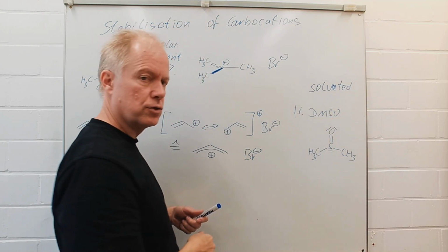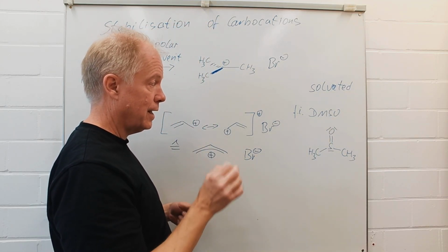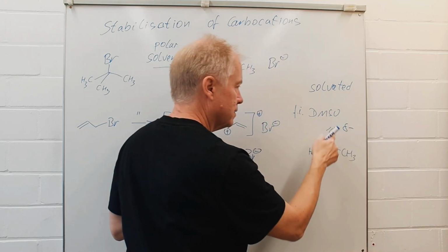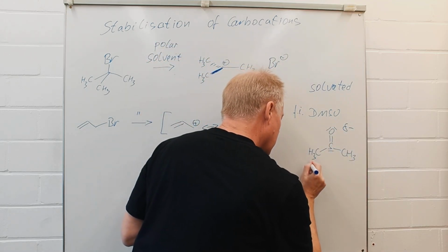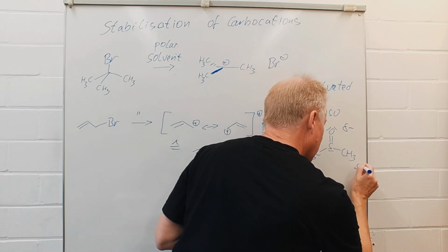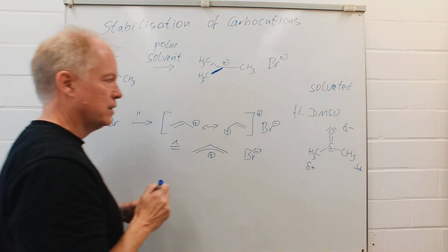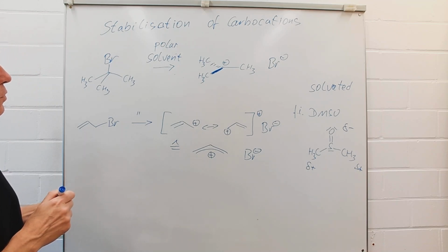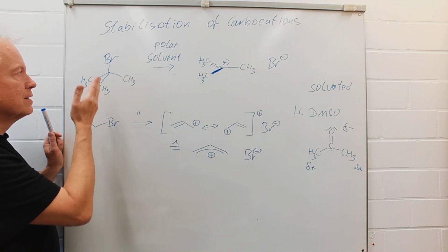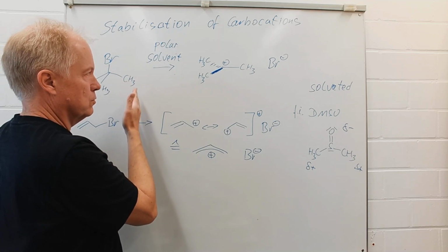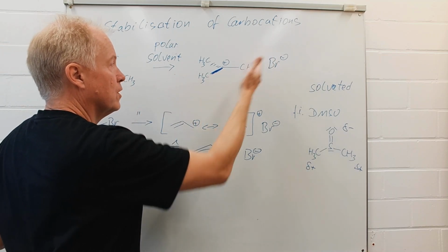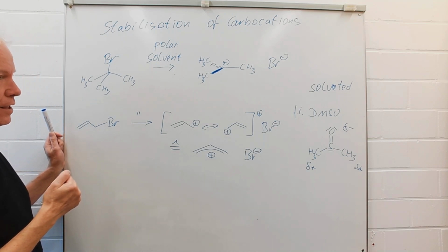This is the structure of DMSO, highly polar with a strong delta minus at the oxygen and corresponding delta plus at both CH3 groups. In a polar solvent, this compound can form those separated ions.